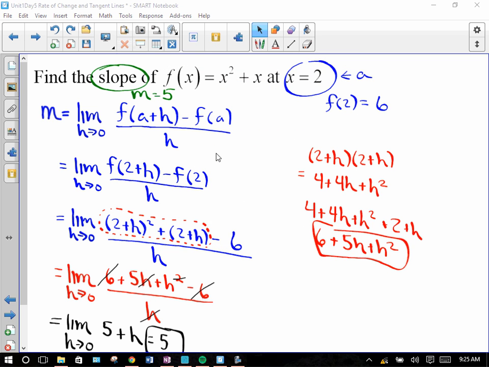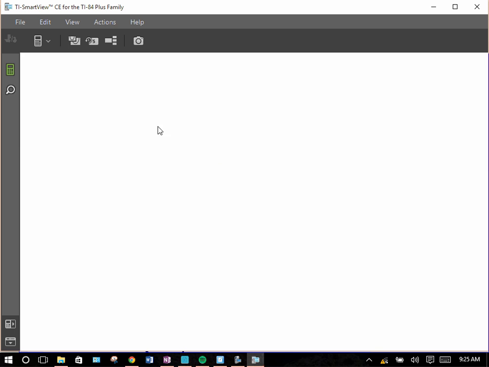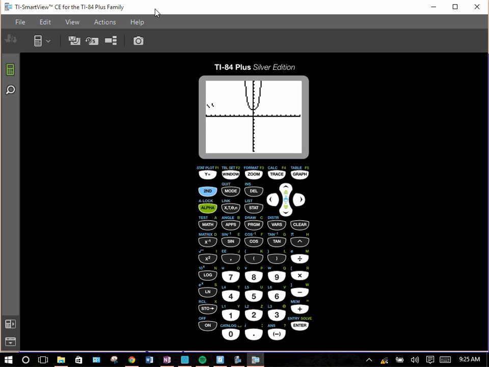The way to check this is, first of all, you turn the calculator on. You're going to go to y equals, type this in and then graph it: x squared plus x, graph. This is one way to check it.